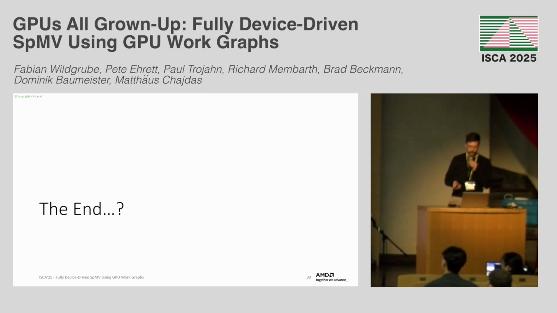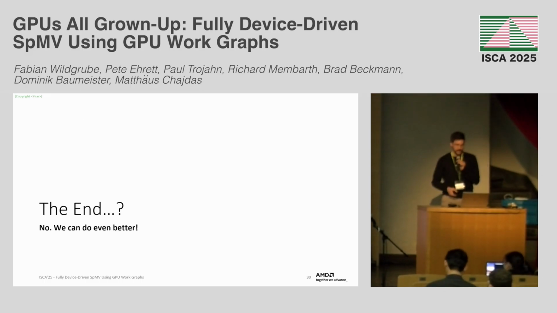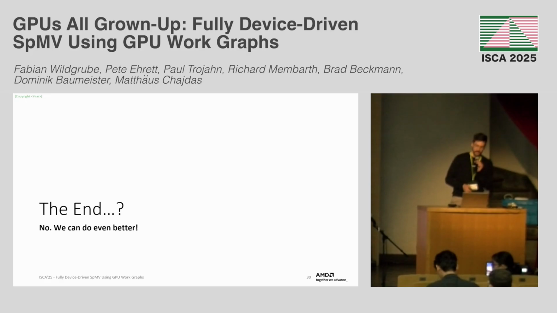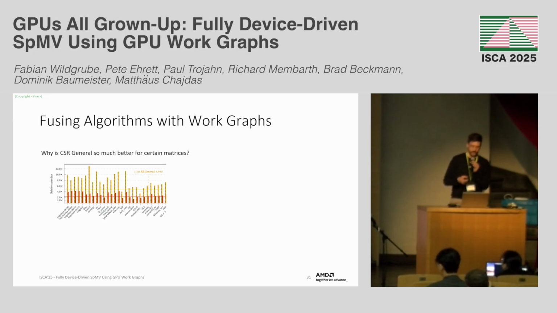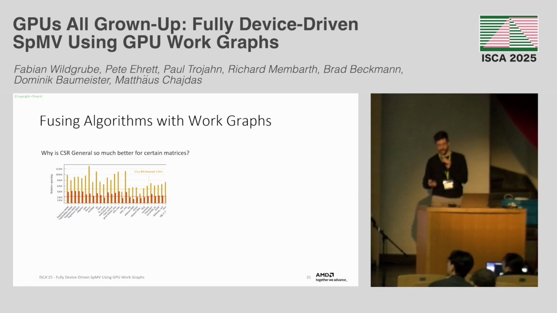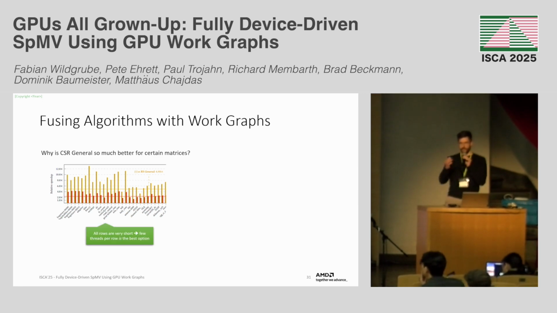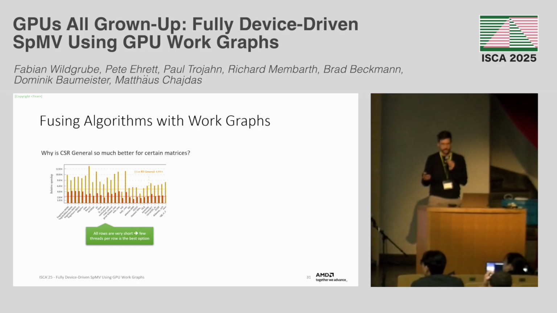And at this point, we could have gone home and said, cool, nice, but I'm going to take 2 more minutes because we actually can do better. Because we took a look at why CSR general is actually much better for a lot of the matrices we looked at. And the simple reason is most of these have very little variability in their sparsity. So for very short rows, and if all of the rows in your matrix are really short, then really the best solution is just give each row a couple of threads and be done with it.